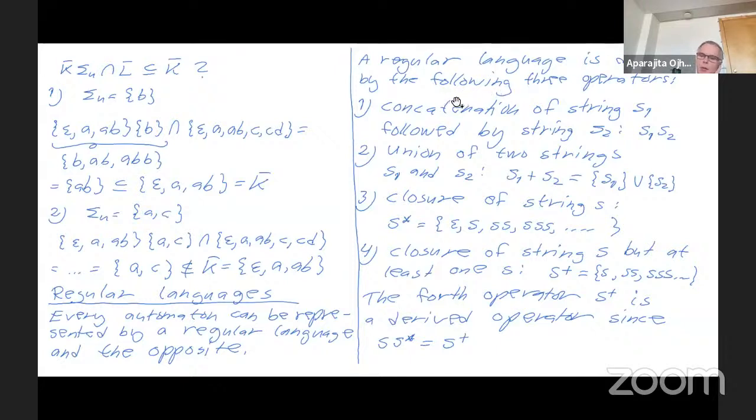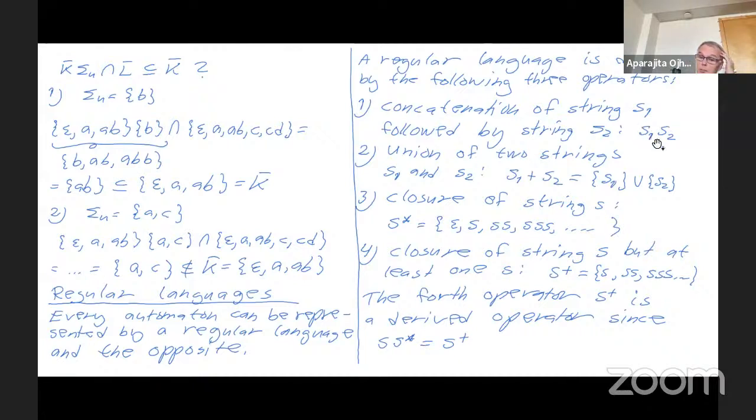The first is concatenation of strings. If you have a string S1 followed by a string S2, expressed as S1 S2, you could consider this as a multiplication, but it's a hidden operator. So S1 S2 is a concatenation operation.